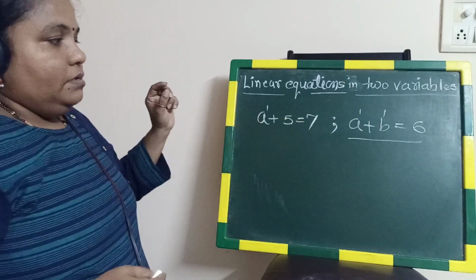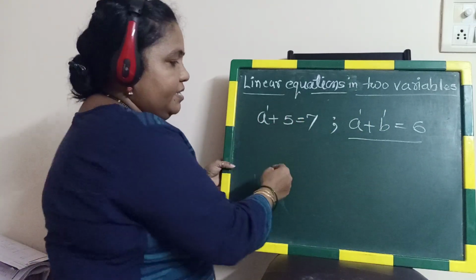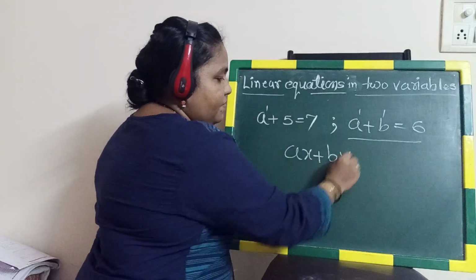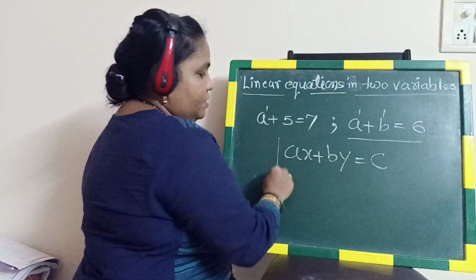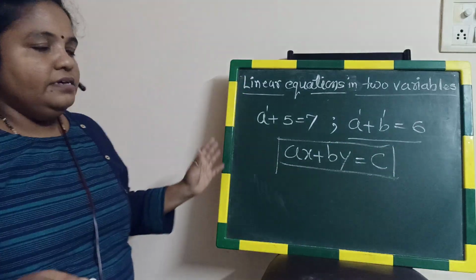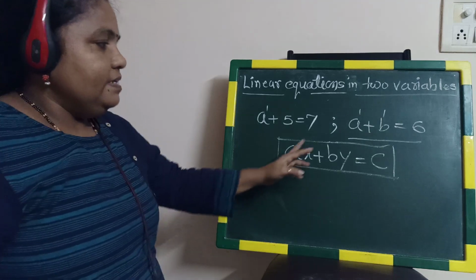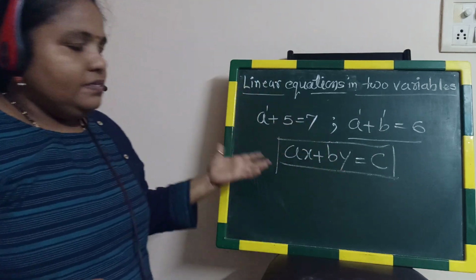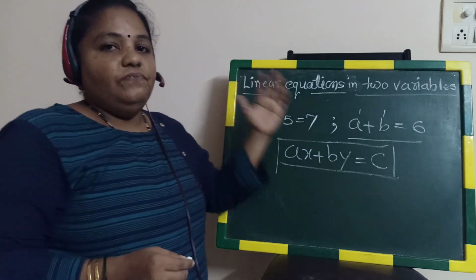So now the general form of a linear equation in two variables is ax plus by is equal to c. This we can call the general form of any linear equation, where x and y are the variables. It is not necessary that we always use x and y for the variables.